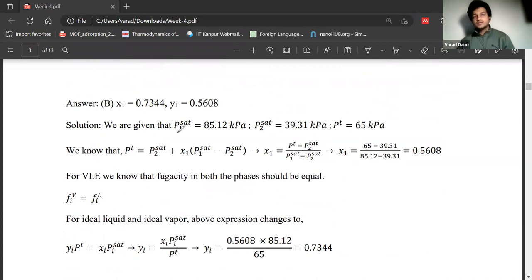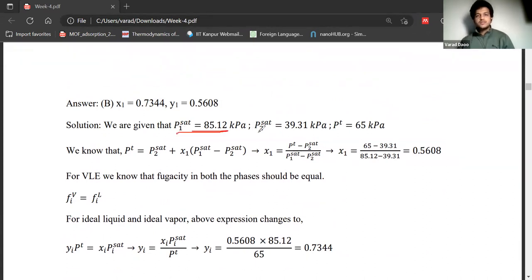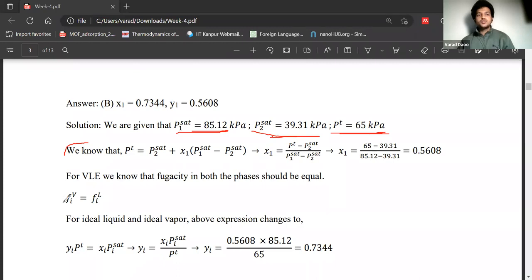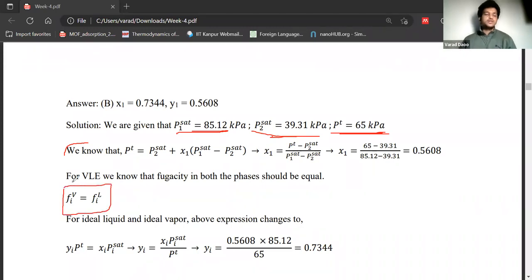What we are basically given is P1 sat, P2 sat, and also the total pressure. We know that for two phases to be in equilibrium, the fugacity of both the phases has to be equal. From this, two expressions arise when you do the fugacity calculation for the two-phase system.